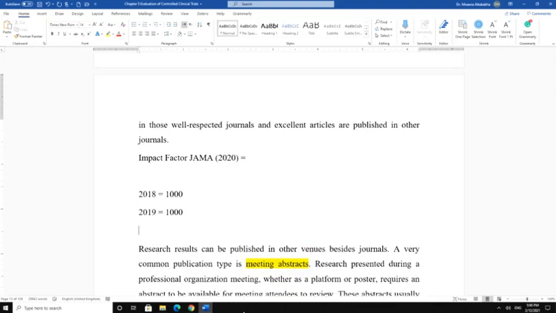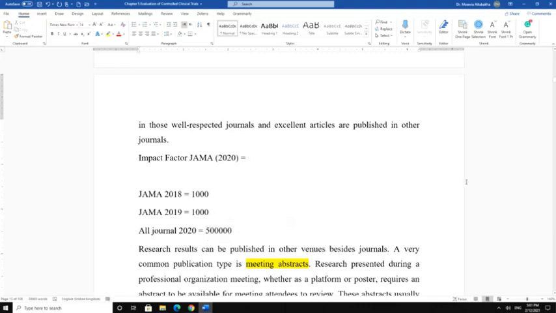Now, in all journals approved by Clarivate Analytics, in 2020 they referred to these papers published in JAMA 2018 and 2019. They referred to them, for example, 500,000 times. That is, they cited the papers published in 2018 and 2019 in JAMA 500,000 times. Of course I put this large number because this journal is very strong.